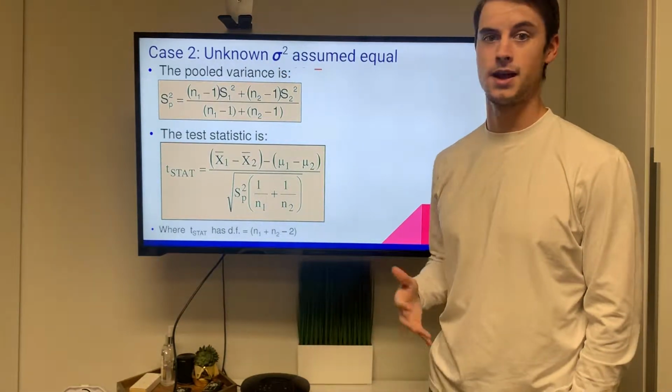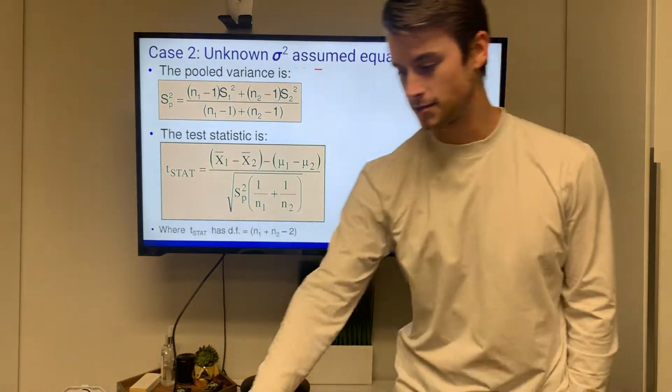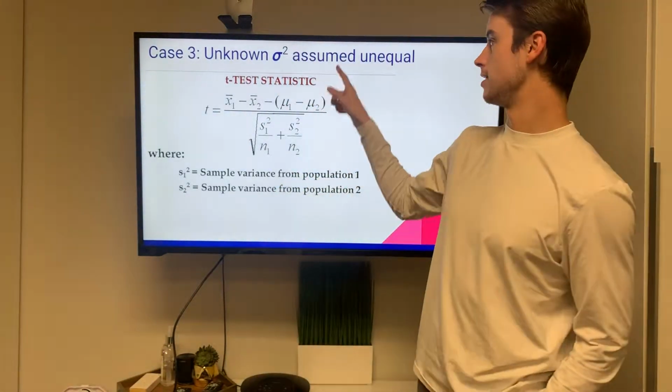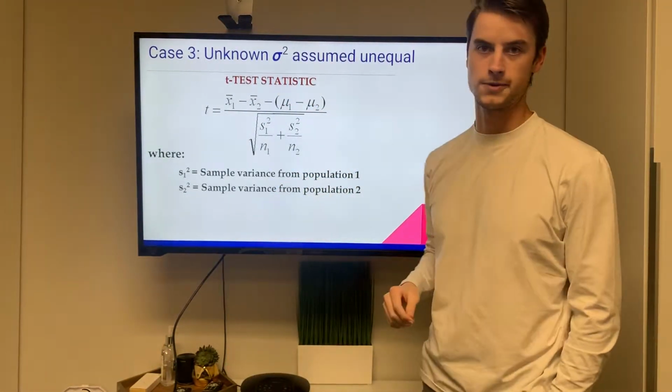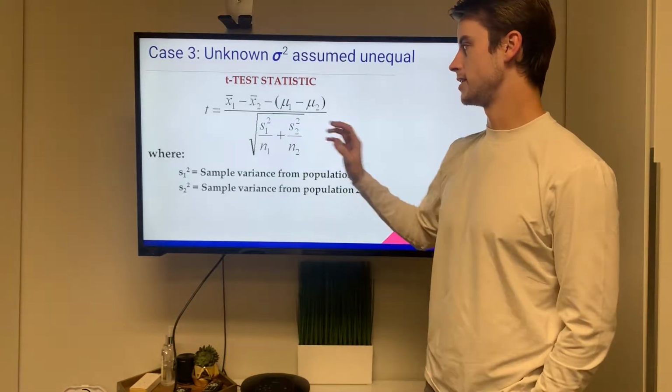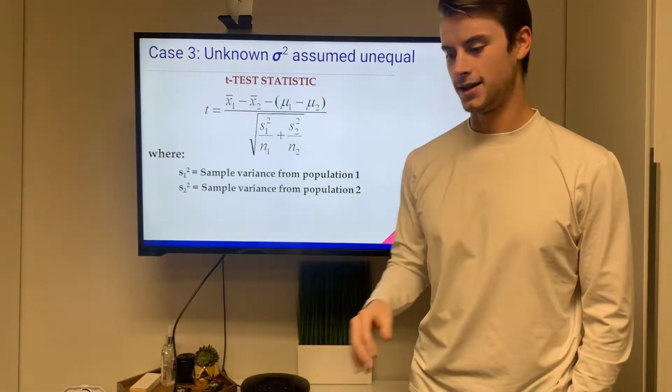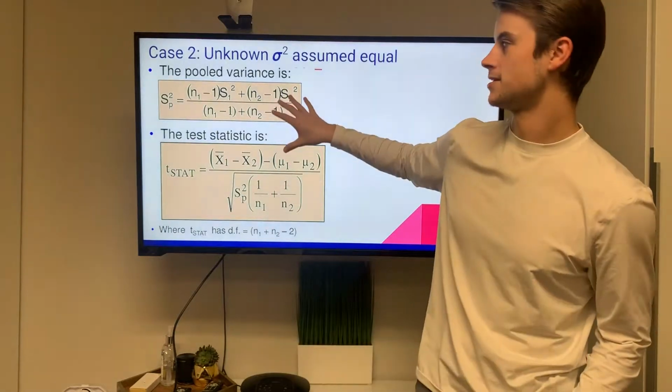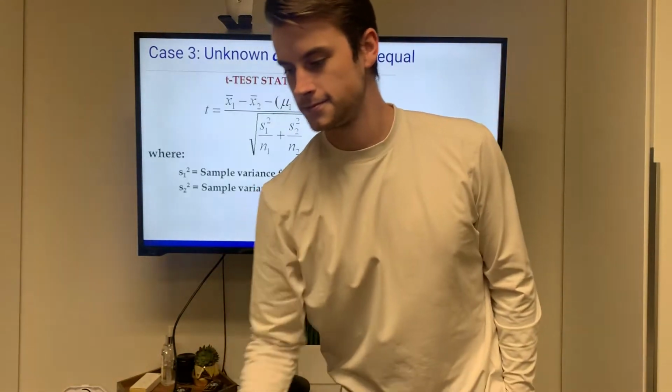So the third case, obviously, is sigma or variance unknown, but it's also assumed unequal, okay? This one isn't as bulky as the last one. It's a lot easier, okay?